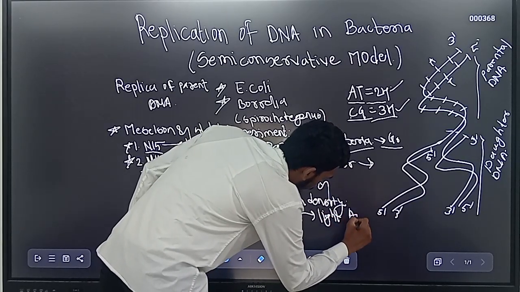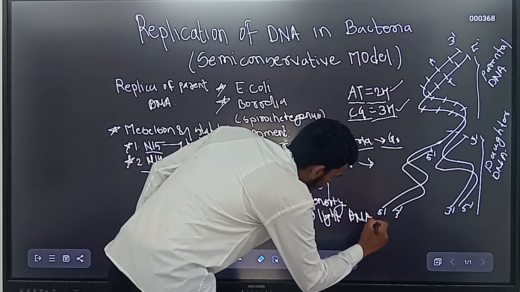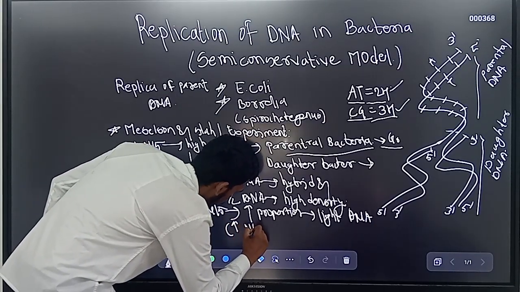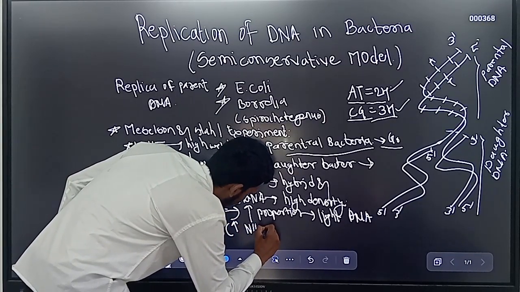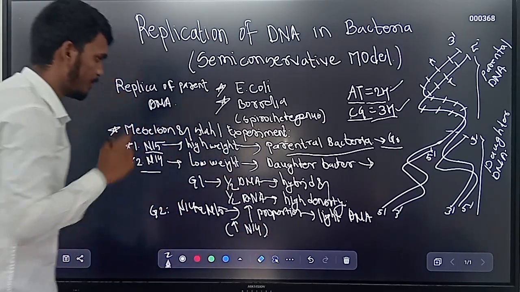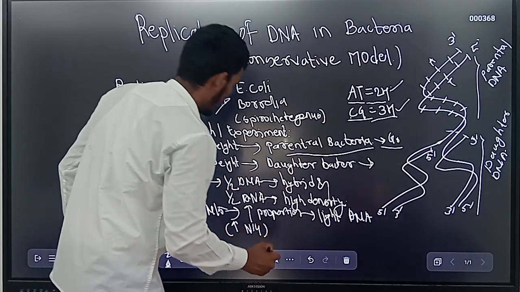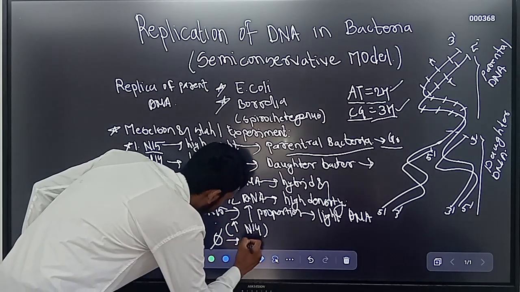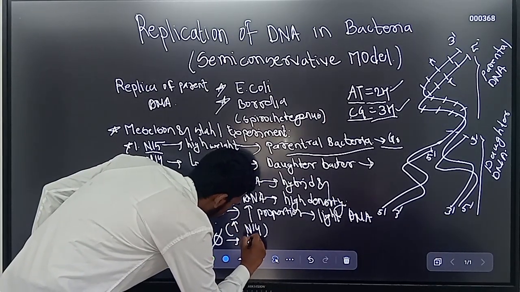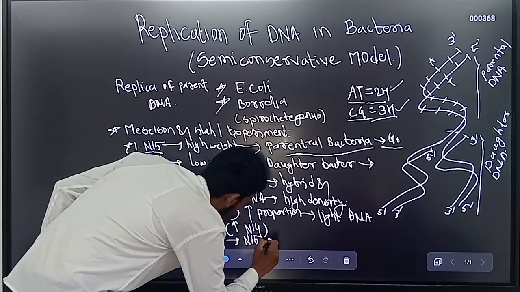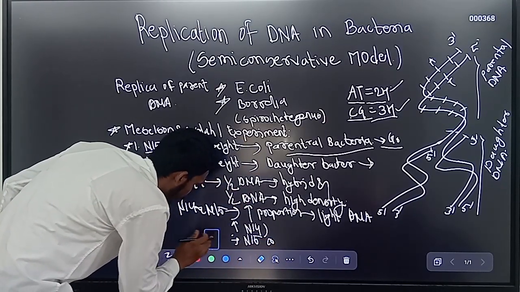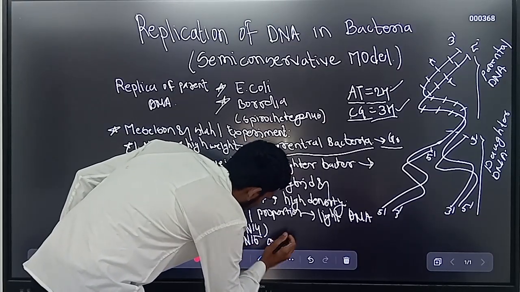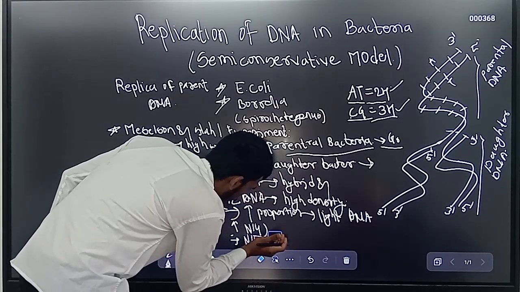Light DNA will be containing a higher amount of nitrogen 14. In this there will be no nitrogen 15, or only a small amount of nitrogen 15 containing DNA.